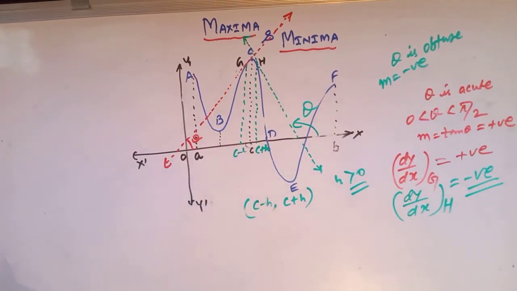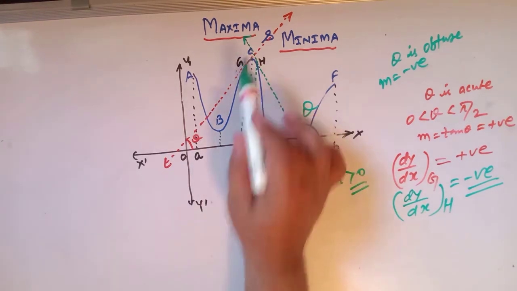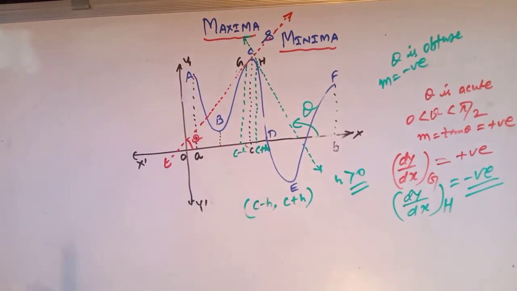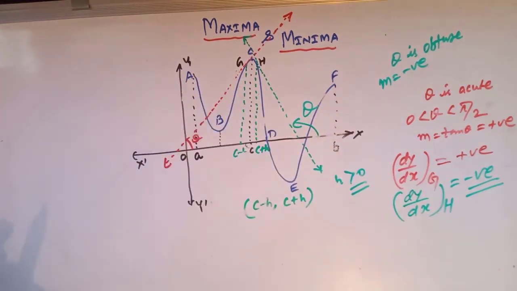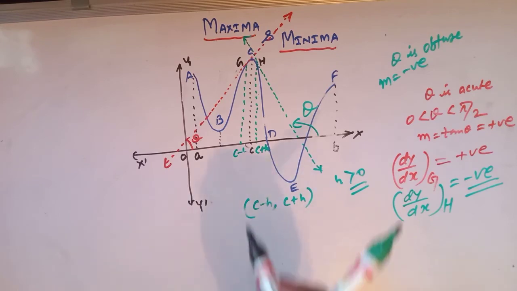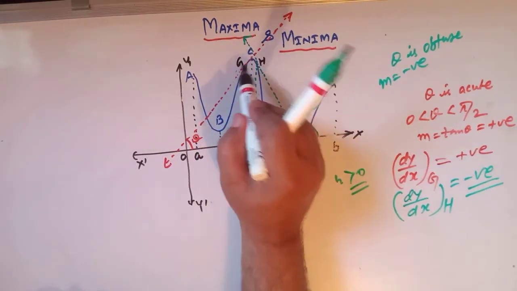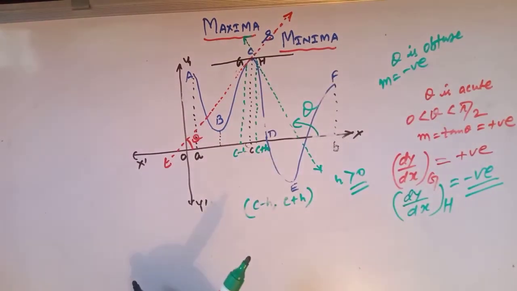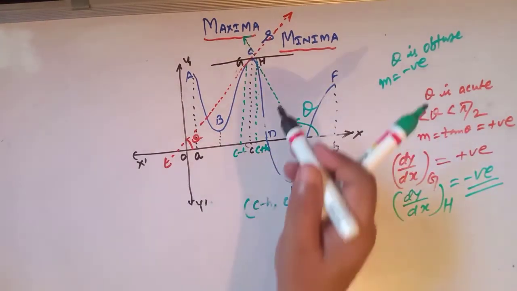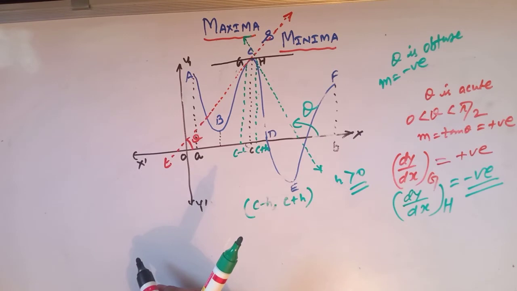So what we have concluded, this point C is a point of maxima. C is the turning point here, and the tangent at C is parallel to the x-axis.